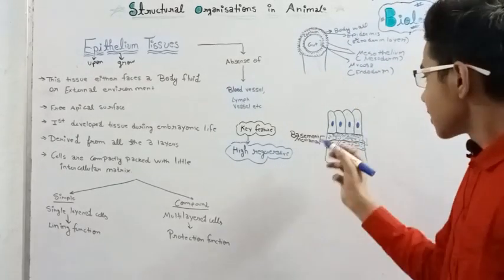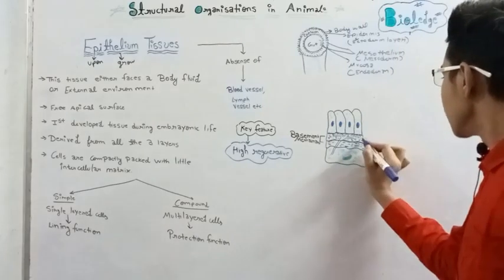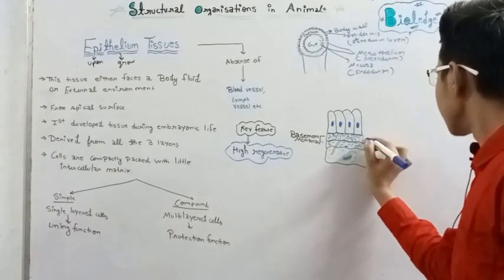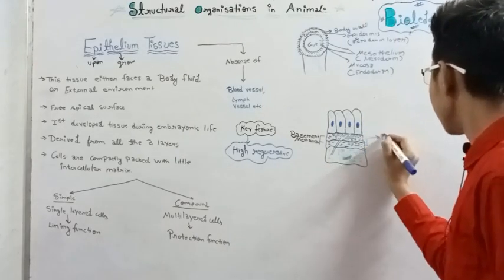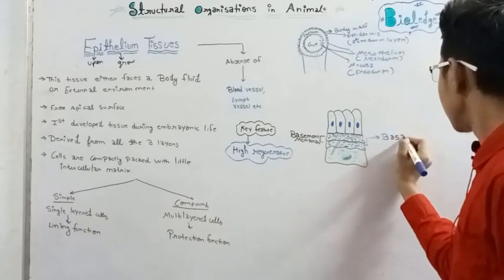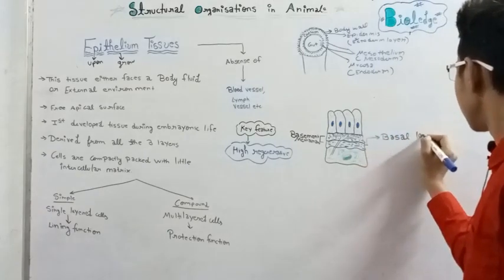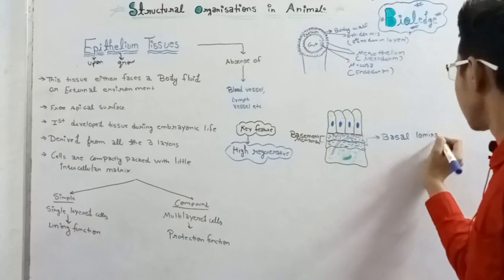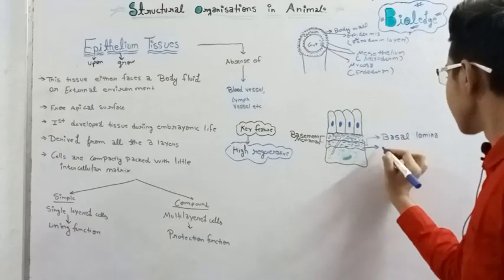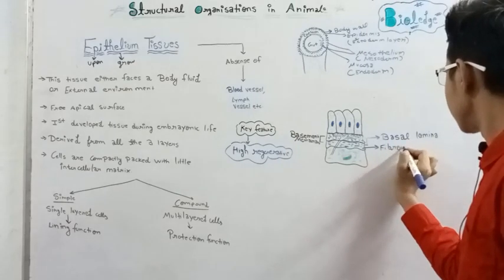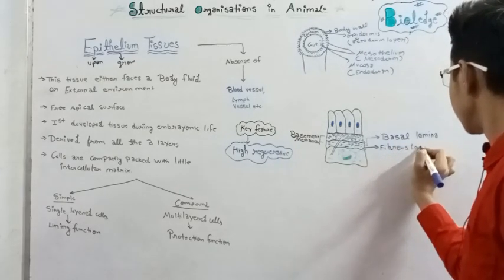Friends, this basement membrane also has two layers. One layer is termed the basal lamina, and the other layer is termed the fibrous lamina.